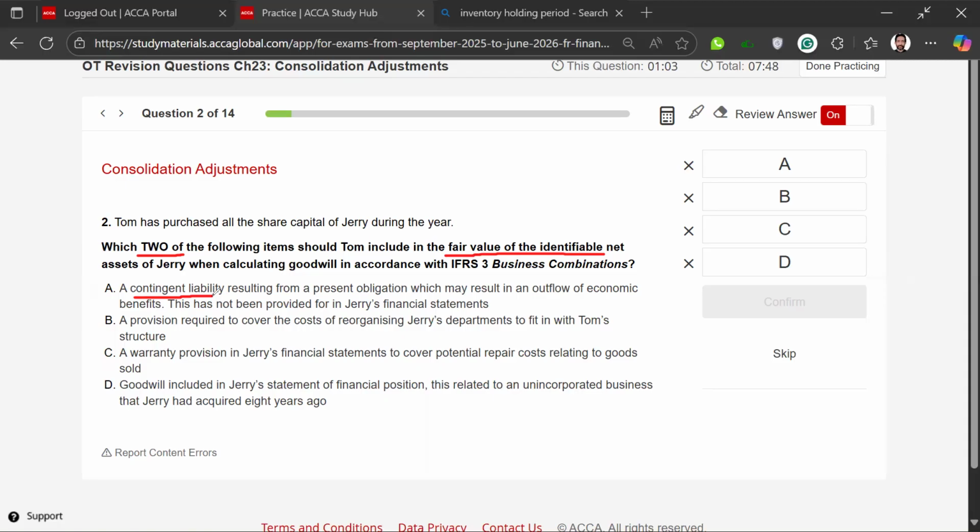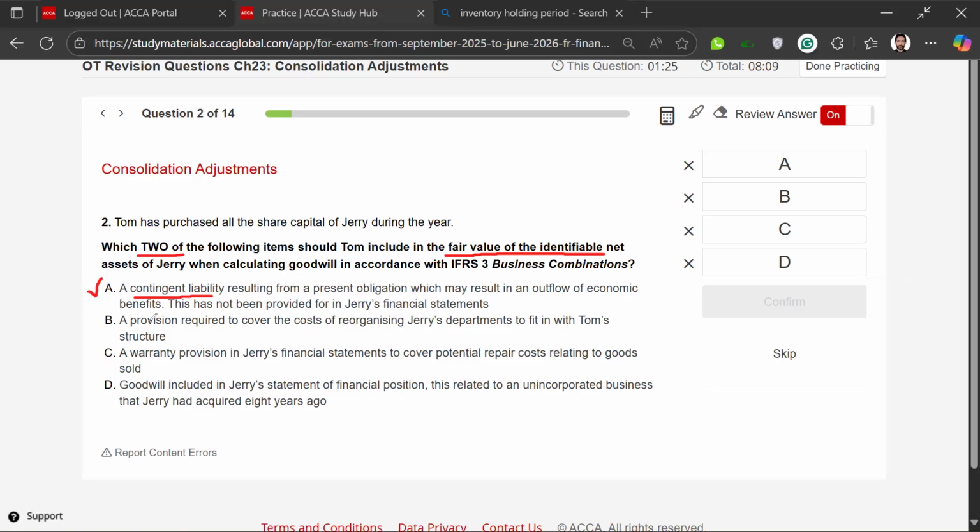So this is one of the items. Remember this point: whenever we are calculating goodwill, any contingent liability we will treat as a normal liability. So this is going to be there when we see the fair value of the identifiable net assets.